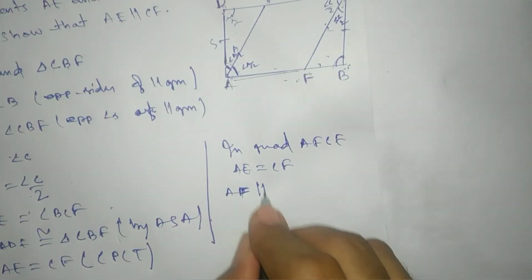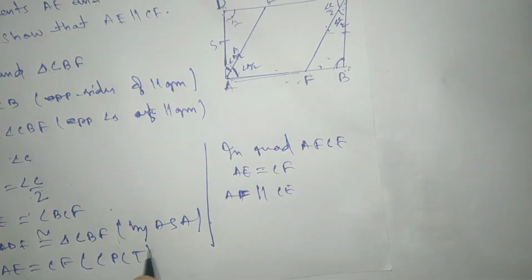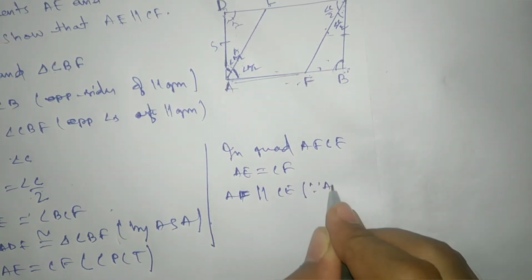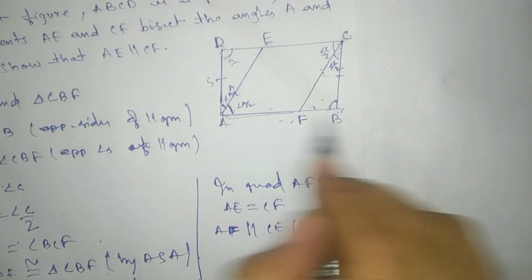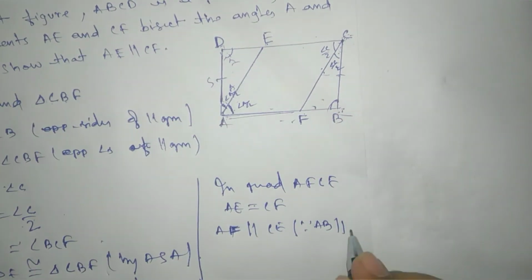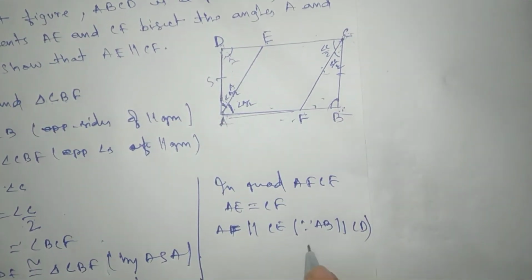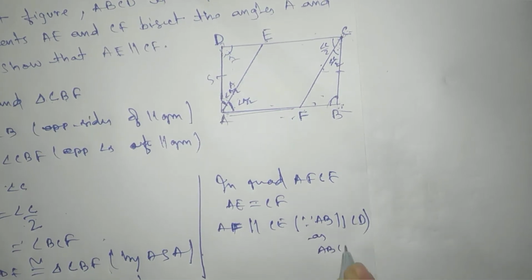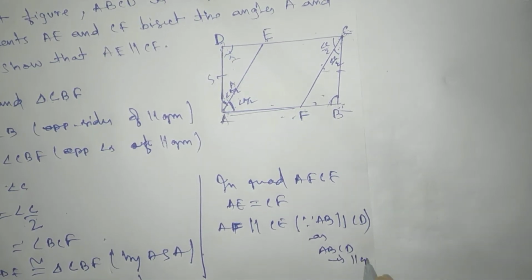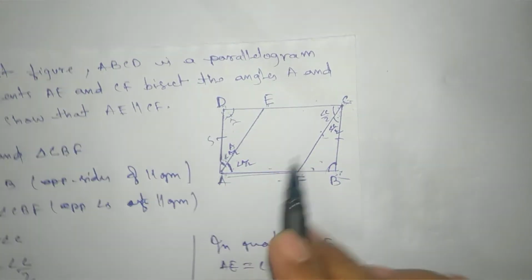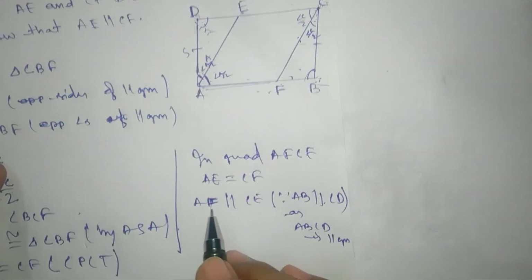is parallel to CE. Reason: since AB is parallel to CD, as ABCD is a parallelogram. That's why opposite sides are parallel, and if opposite sides are parallel, then parts of the parallel lines are also parallel. That's why we have written AF parallel to CE.